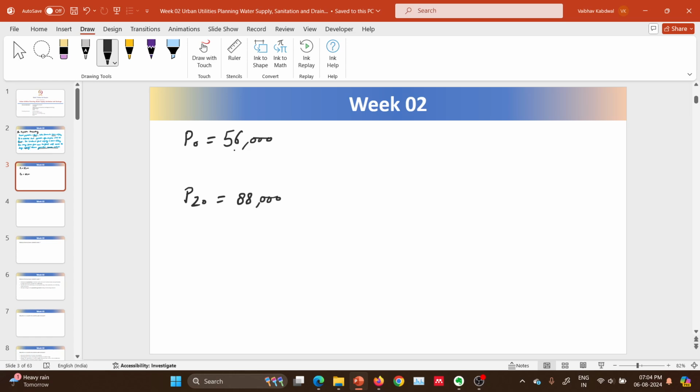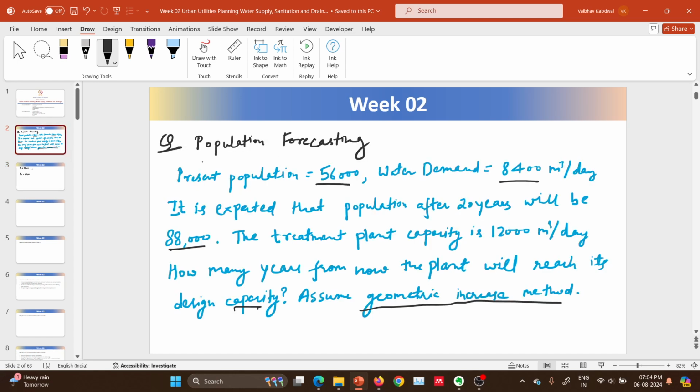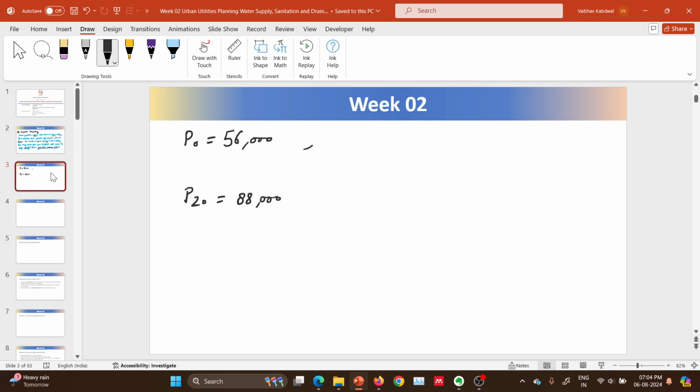At P0, the water demand is 8400 meter cube per day.